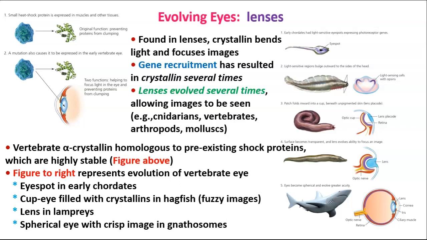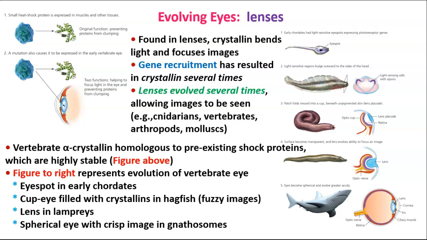And so what we've discovered is that gene recruitment has resulted in the evolution of crystallins several times. And the gene recruitment has happened from a pre-existing gene that produced a type of protein called a heat shock protein. These are proteins that are very stable and would hence be a great platform for making a highly stable protein for a lens.